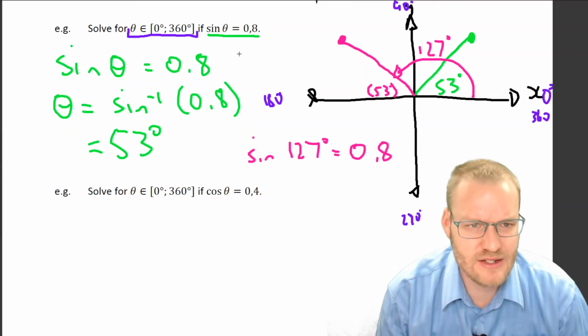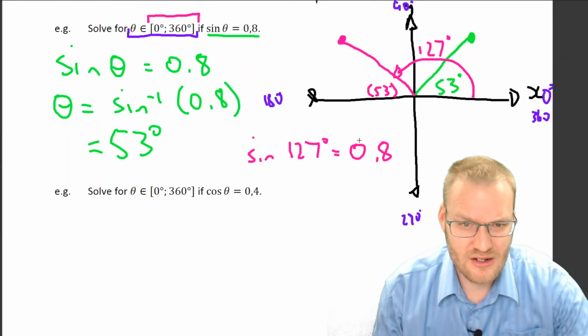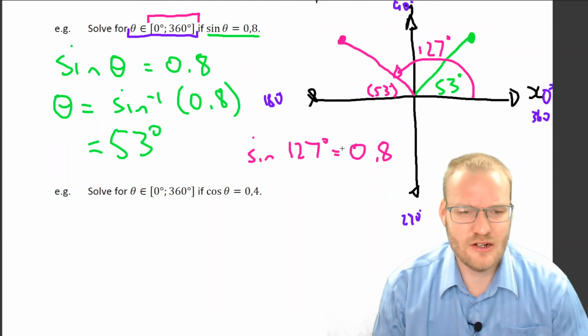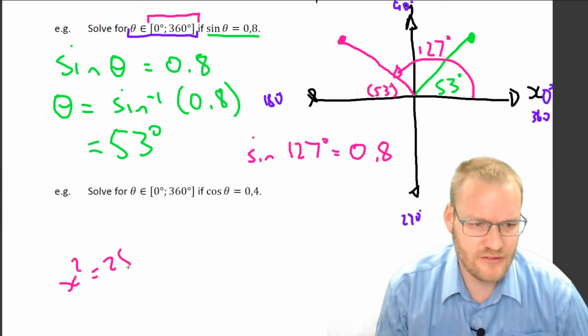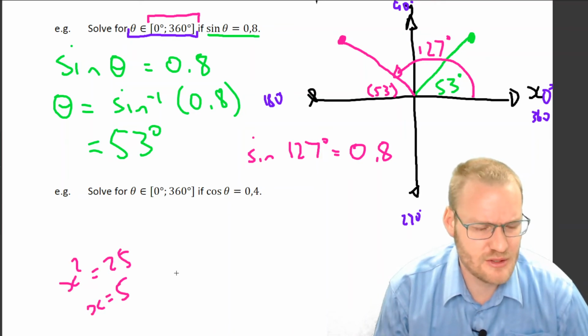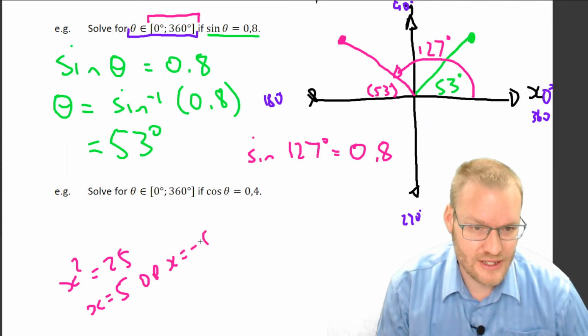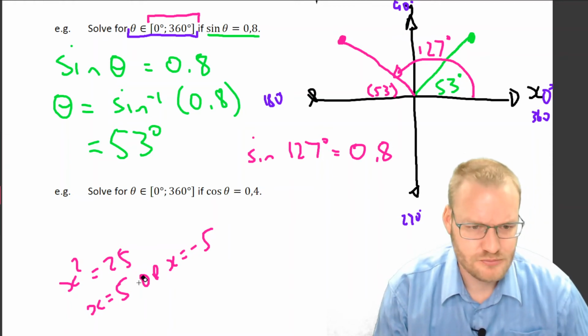Is 127 between 0 and 360? Definitely is. So we found a second solution. And we do need to find all solutions. So like if I said x squared equals 25 and you told me x equals 5, I'm going to say you've only found one solution. Or x equals minus 5. We need to find all possible solutions.